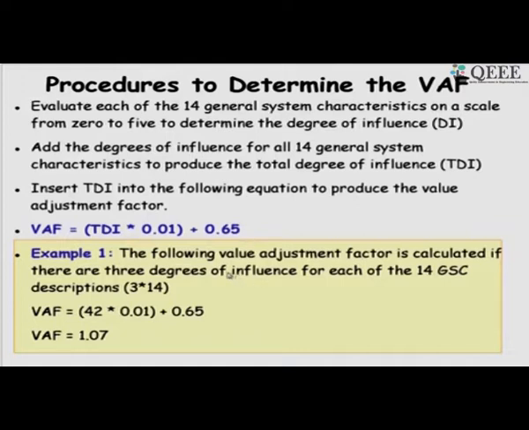So, let us see that we have computed the degree of influence to be 3 for each of the 14. All the 14 we computed as average influence.